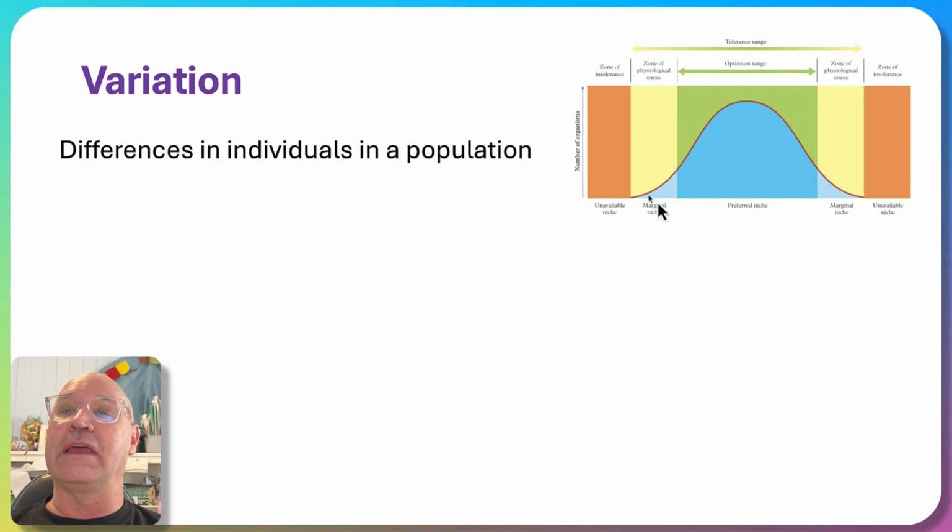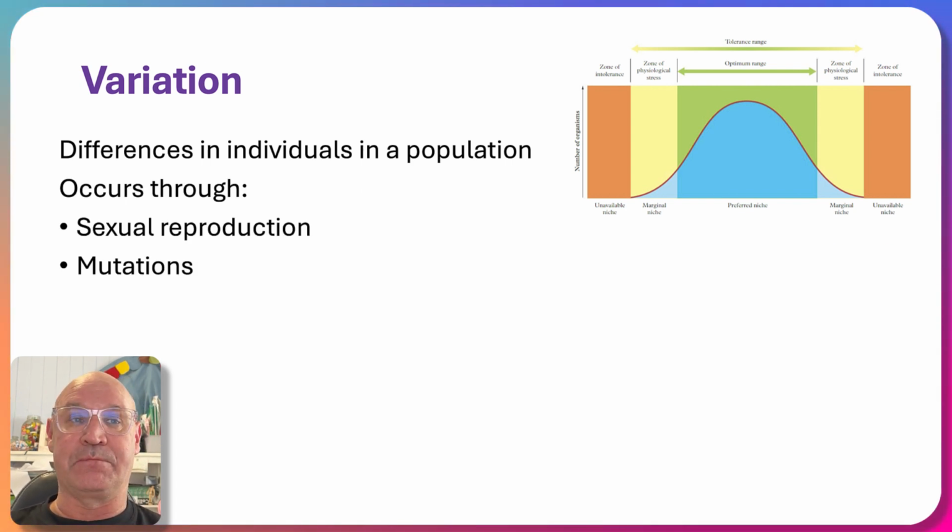There's always some organisms that have adaptations or variations that allow them to survive outside of that optimum range. And if there's a change in the environment, a selection pressure that might favour one side or the other, then it's going to allow those to survive. And the more variation there is, the more able the species is to survive if there's a change.